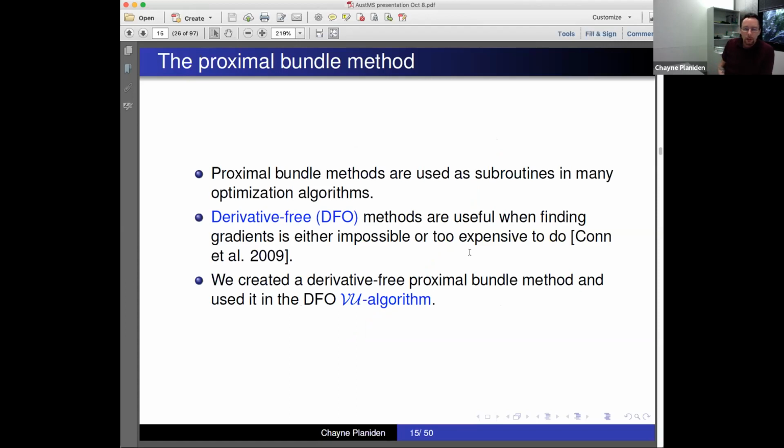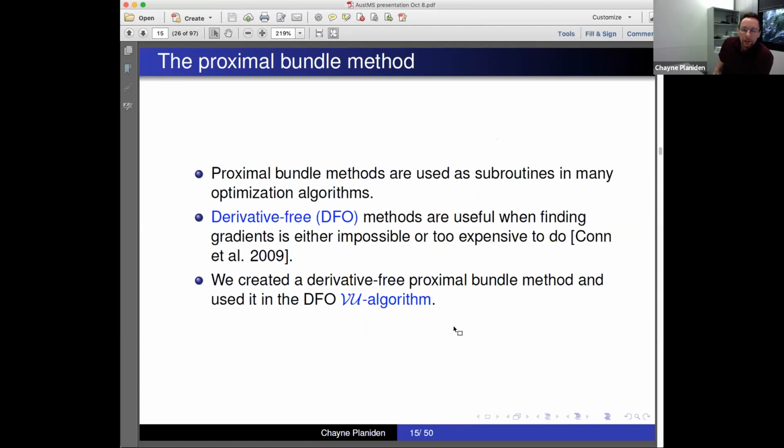What I and my co-authors, Warren Hare and Gabriel Jarry-Bolduc, work on are derivative-free methods: conversions of methods like this to methods that do not use derivatives or first-order information, and instead use approximations to derivatives or subgradients.